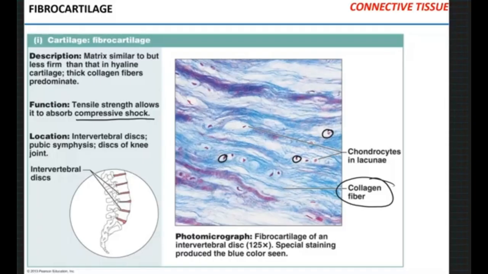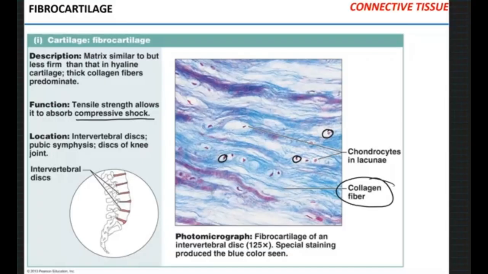Good? And the second location is between your pubic bones. Two parts of your big hip bones, when they meet, that's the pressure that is directed from your entire trunk on your hips. And these two pubic bones are separated by so-called pubic symphysis.